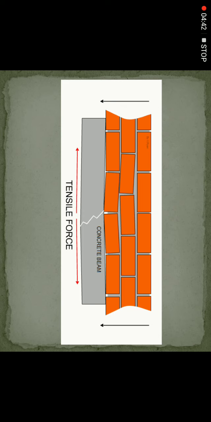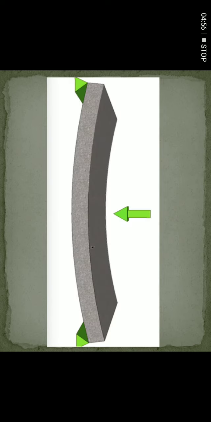This picture indicates that we all know concrete is weak in tension. That's why cracks will form on the tension side, that is, the bottom. So the structural member will bend like this while load is acting on it.